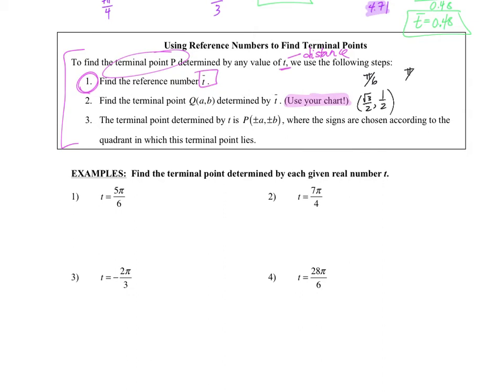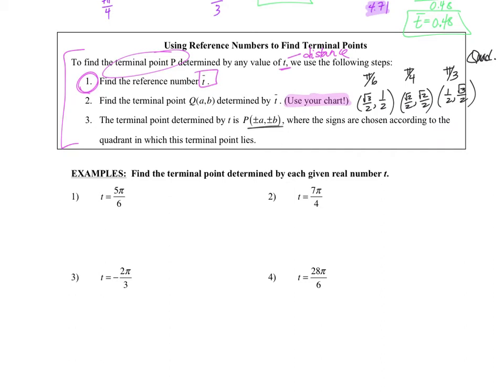And the ordered pair that goes with pi over 4 is root 2 over 2, root 2 over 2. And the ordered pair that goes with pi over 3 is 1/2, root 3 over 2. Okay? So that's on our chart. Hopefully that's starting to get into your head a little bit. And also, we're going to have to figure out what quadrant we're in, because the quadrant is going to determine what's positive and what is negative here in my x and y.